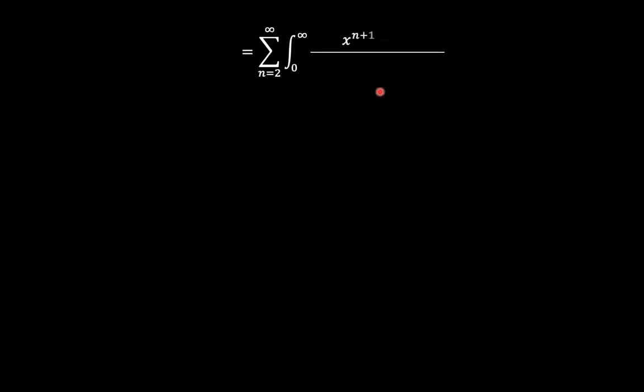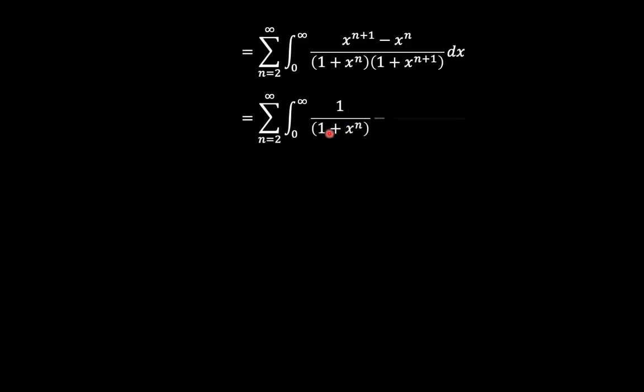So this expression, the integrand, is the same as 1 over 1 plus x to the power n minus 1 over 1 plus x to the power n plus 1. So this is interesting.